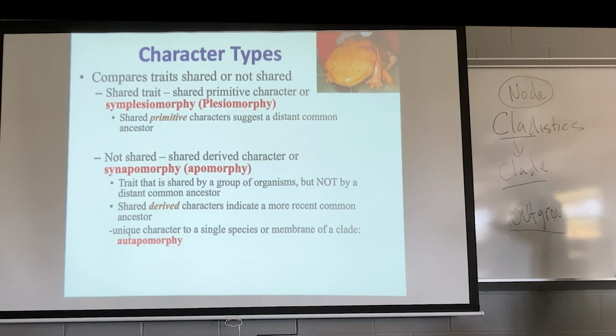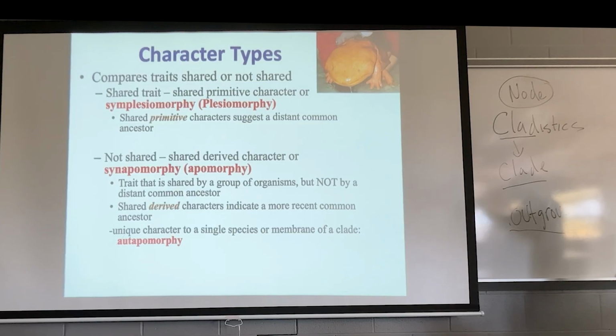They'll use those types of data sets to build trees. I've used sperm morphology before, all the little parts of sperm, to build phylogenetic trees in reptiles. So it just depends on what traits or characteristics you want to use to build your tree.